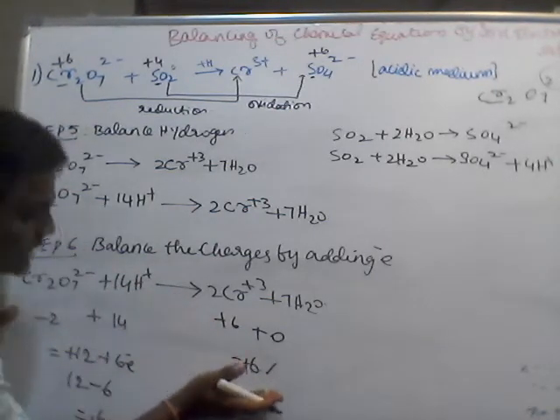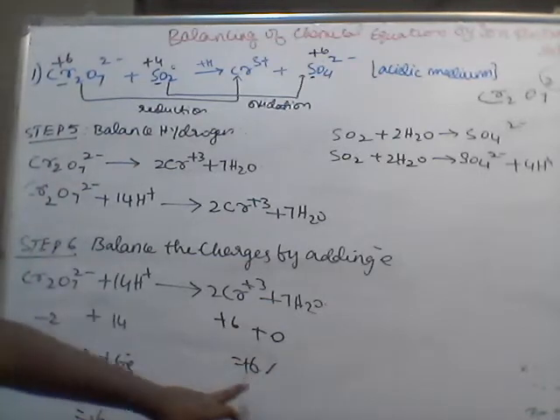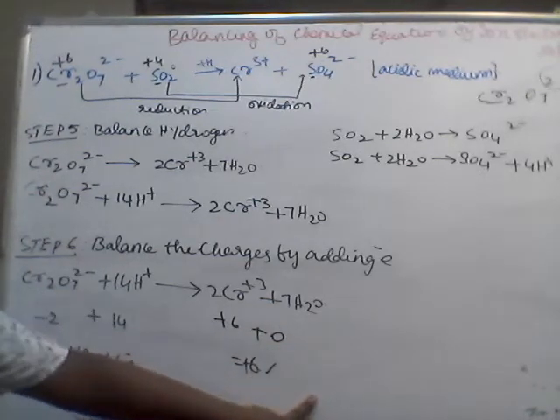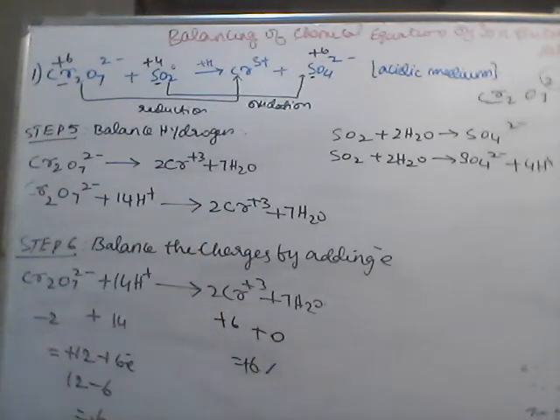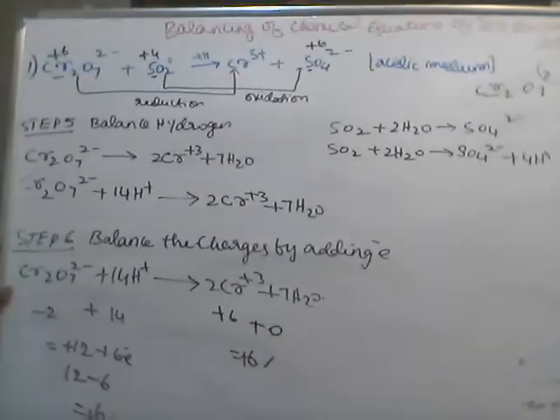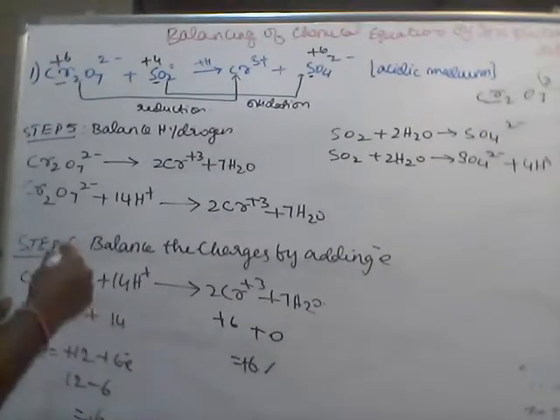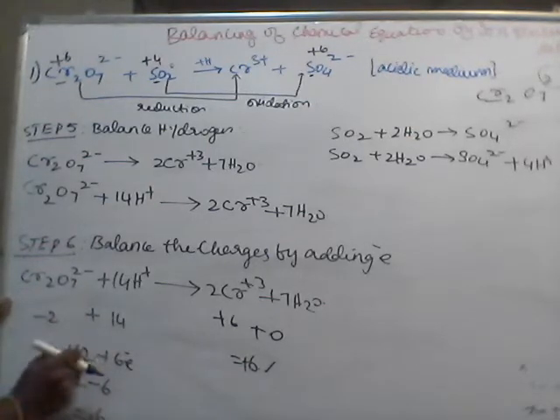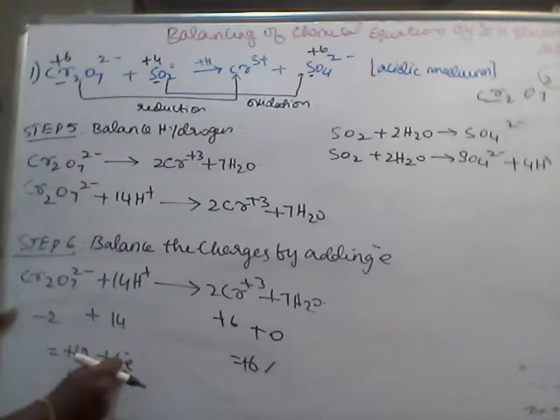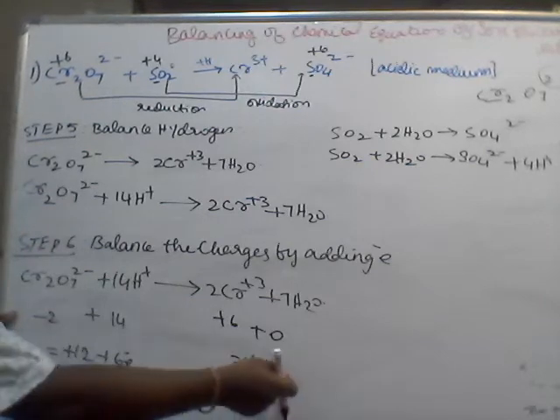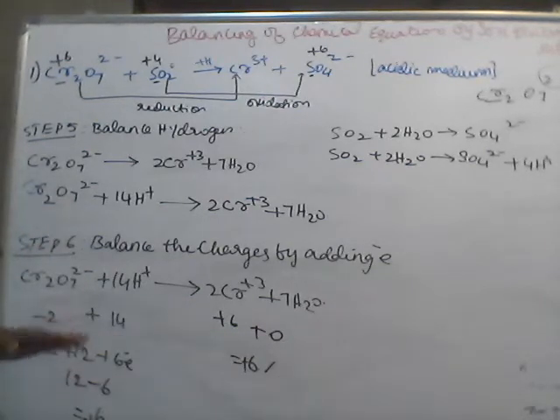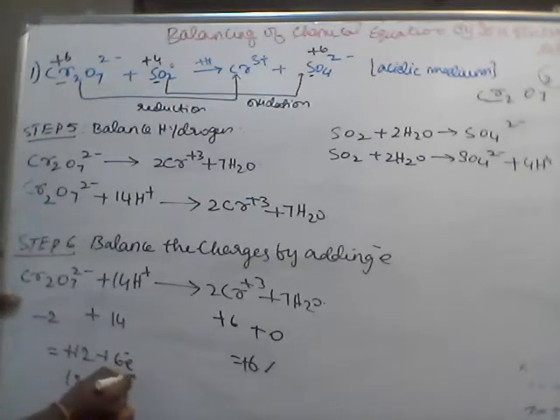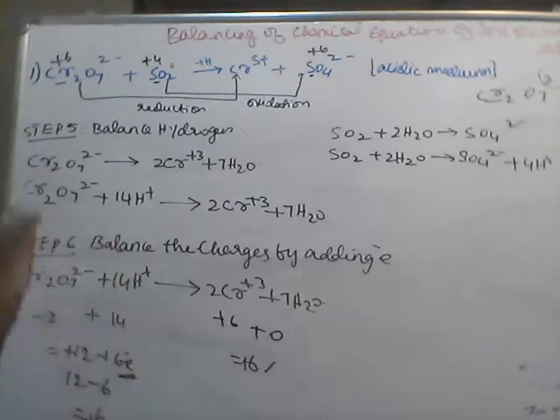Suppose I am adding 6 electrons on this side, 6 plus 6 electrons will give 0. So we have to be very careful while balancing the charges. We have to check on which side, on adding what, we are getting what. So if I add 6 electrons to plus 12 it will give plus 6, and here you have plus 6. So the need of 6 electrons is on the reactant side for the reduction half.